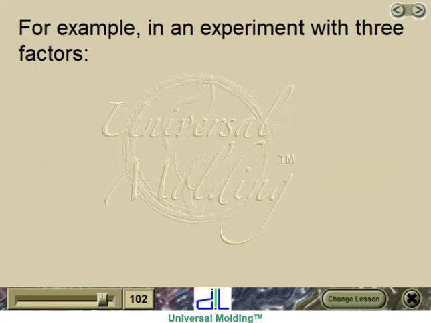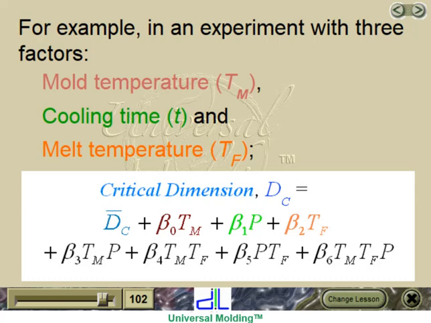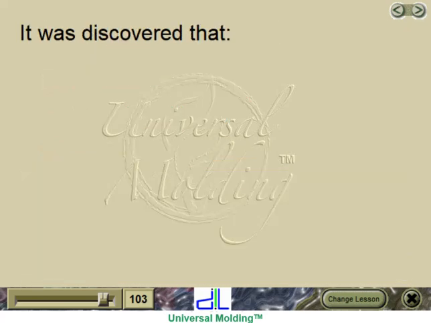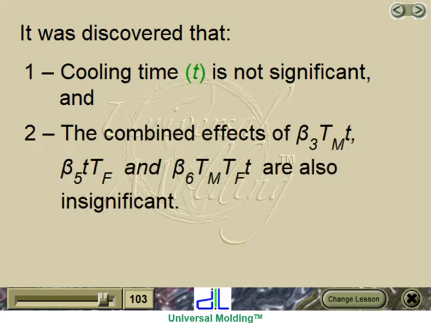For example, in an experiment with 3 factors, mold temperature T sub m, cooling time T, and melt temperature T sub f, we use the following formula. It was discovered that 1. Cooling time T is not significant, and 2.